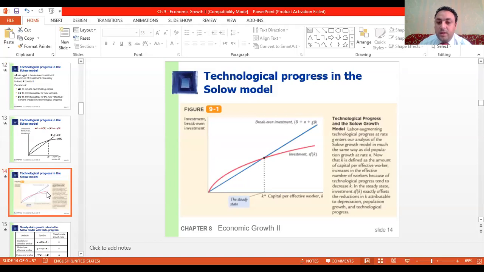Increases in the effective number of workers because of technological progress tend to decrease the capital per worker. In the steady state, investment exactly offsets the reductions in the capital per worker attributable to depreciation, population growth, and technological progress.